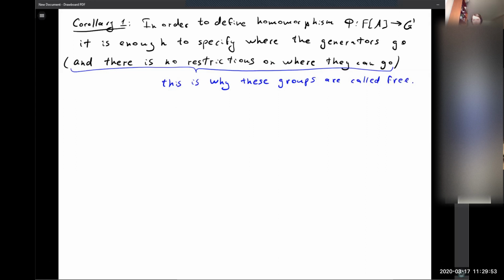Okay. Now, this universal property of free groups has many important applications. One of the immediate applications would be the theorem about the rank of the free group. That will be our theorem 2.